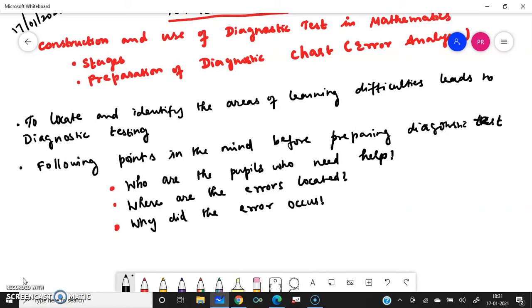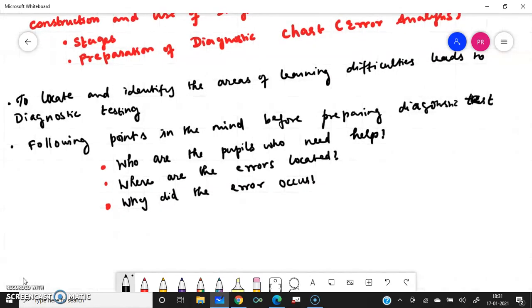Suppose you have taught the simple method of subtraction, using two digits without borrowing. You conduct the test, and these are the solutions given by a particular student.